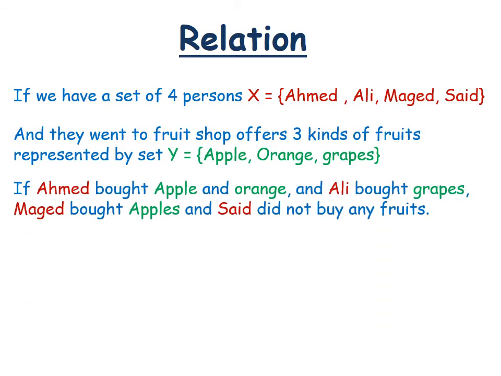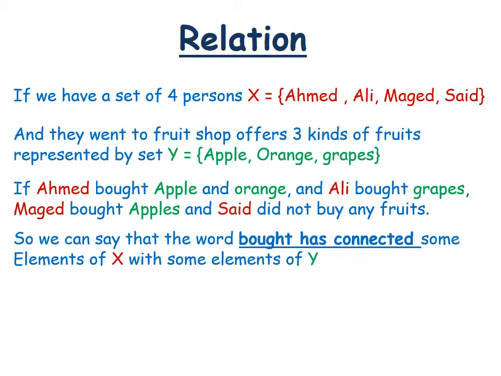Now, if Ahmed bought apple and orange, Ali bought only grapes, Majid bought apples, and Said didn't buy any fruits. This is a situation. So we can say that the word bought has connected some elements of X with some elements of Y.